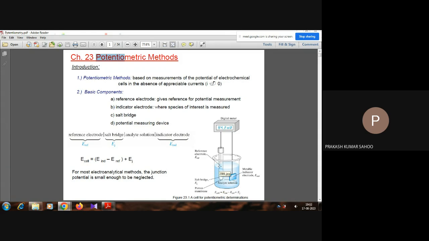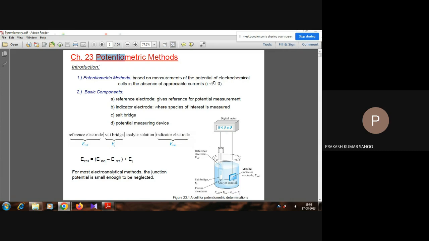And this reference electrode is generally the calomel electrode, that is made up of mercury in mercurous chloride solution, otherwise known as calomel electrode. And one metallic electrode is used here, the indicator electrode, which also has a salt bridge, just the same as the liquid junction potential.